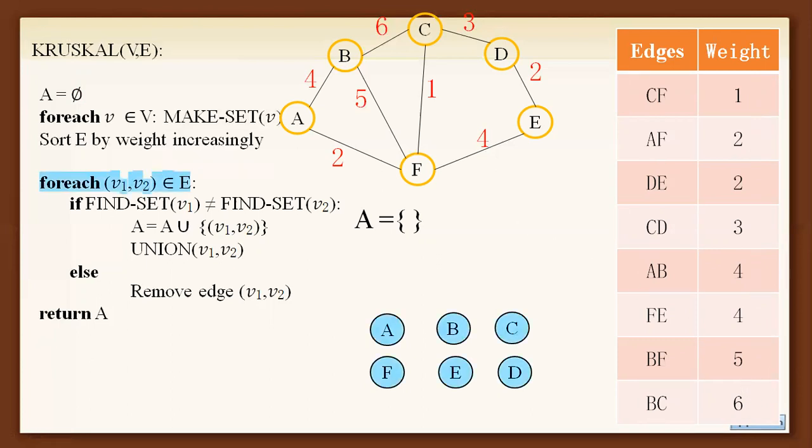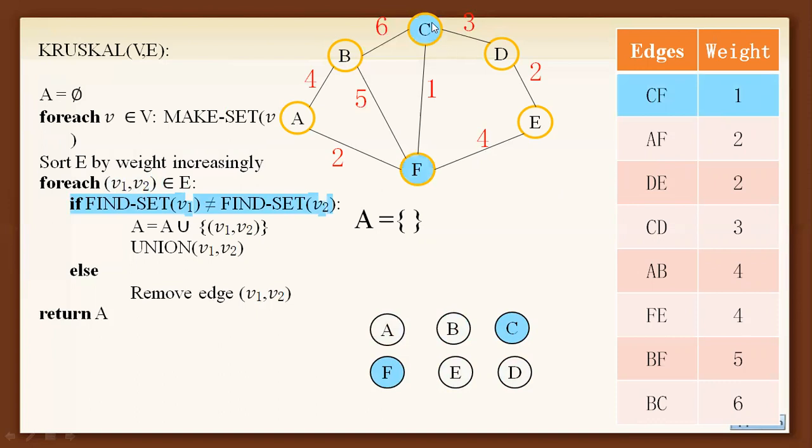The next step is to select all the edges and identify the minimum cost edge among them. Which edge has the minimum cost or minimum weight? The edge C to F has the minimum weight. In the given graph, the edge CF has the minimum weight of 1.